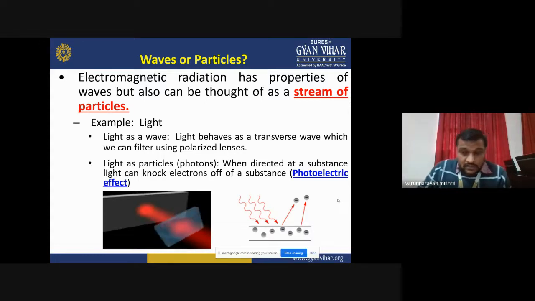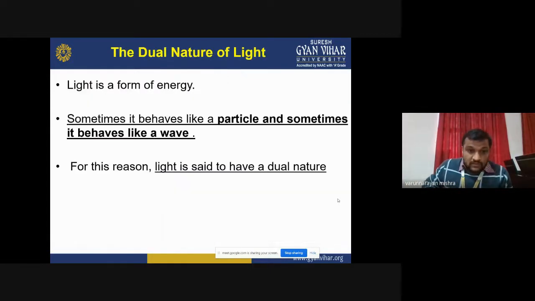Because of this experiment, it was believed that when light interacts with metals, there may be an ejection of particles. These particles will be in the form of different types of sources. So both theories are true in the case of light.